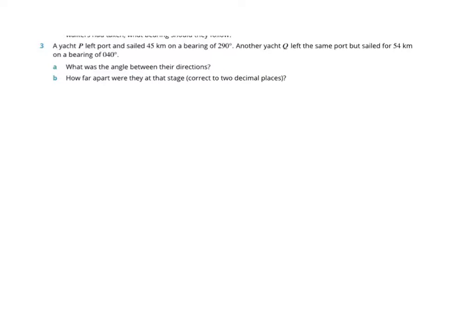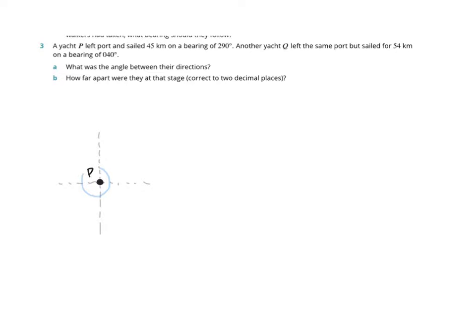Okay, the last one: a yacht left a port and sailed 45 kilometers on a bearing of 290. So a yacht P. I'm going to start with a compass in nice faint writing, and this is my P, where the yacht starts, and it travels 45 kilometers on a bearing of 290. So 290 would be somewhere out here, since 180 to 270 is here.